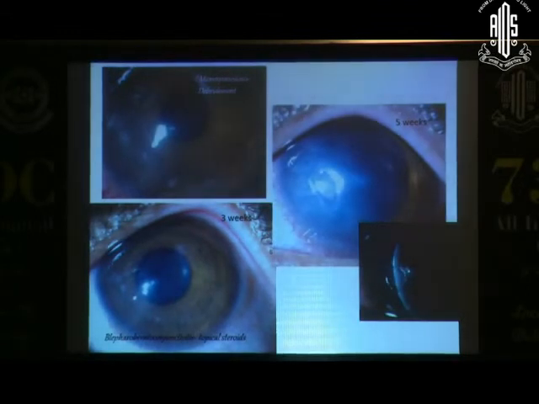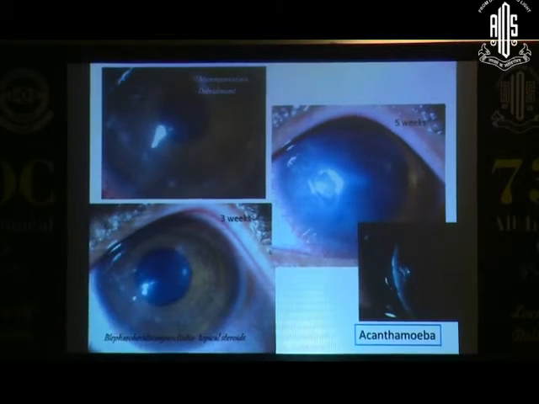And then he presents with a breakdown. Even at the time of the first scraping we had sent to our microbiologist, we didn't see any organism. At this point, we re-scraped, and at this time we got acanthamoeba. So you need Dr. Somashila's clinical acumen to pick it up in your clinics.